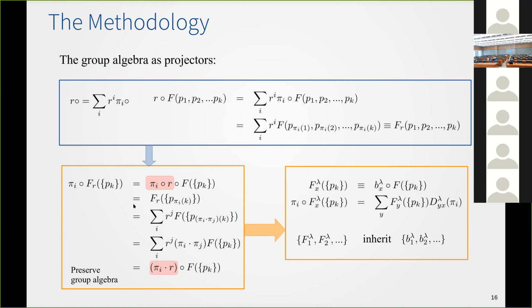And one can verify that the composition rules of these projection operators preserve the group algebra multiplication rules. And in this sense, one can generate a set of basis functions or tensors by acting with the group algebra on the given function, such that their transformation properties inherit the transformation property of this group algebra, which is exactly the D matrix in the previous slides.